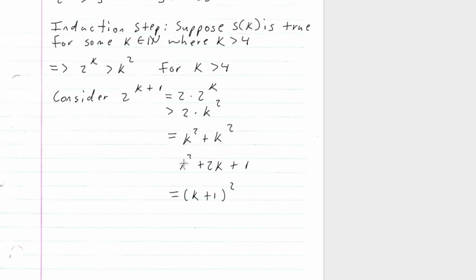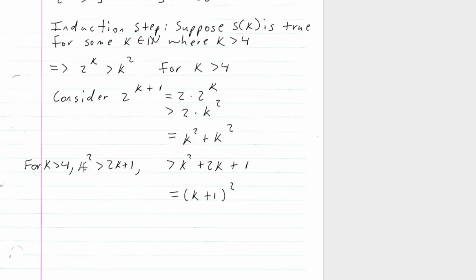So I have that k squared here, but I do know that for k bigger than 4, k squared is bigger than 2k plus 1. So I know that this here is bigger than this.